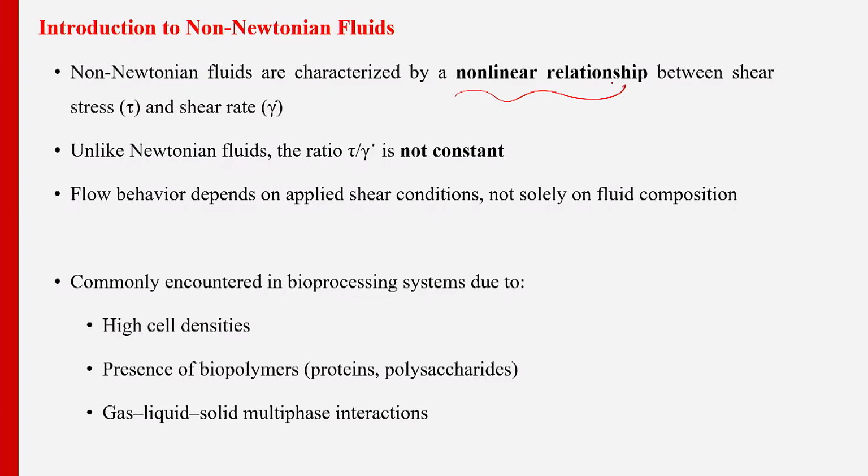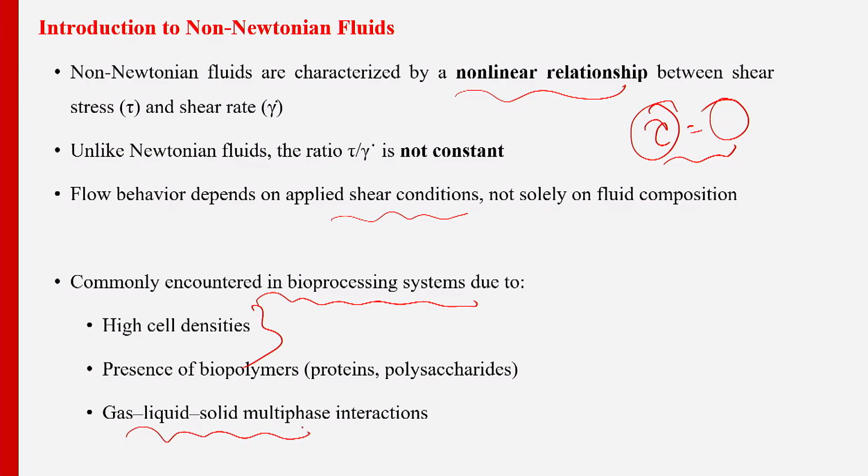Definitely this is a non-linear relationship, because, as I already discussed, both shear stress and shear rate vary for non-Newtonian fluids, but for Newtonian fluids this is constant. In the flow behavior, whenever the applied shear rate changes, the viscosity also varies. In bioprocessing we see high cell density and multiphase systems, where gas, liquid and solid interact together; non-Newtonian fluids play the main role here.